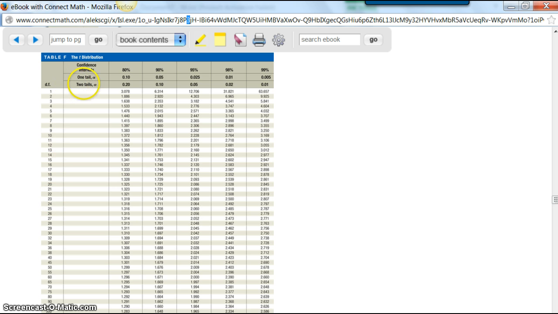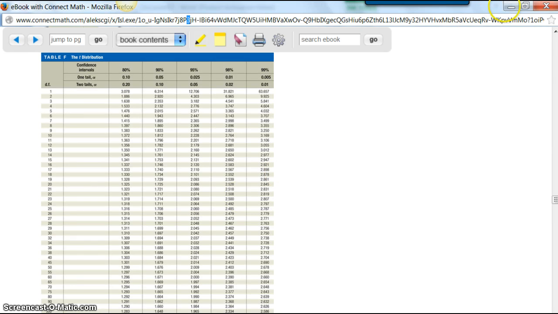This is a two-tailed test because of the equal, not equal to, and we would go across on the two-tailed line until we find the 0.02, which was the alpha, or the level of significance. We come down. I see a 2.492.